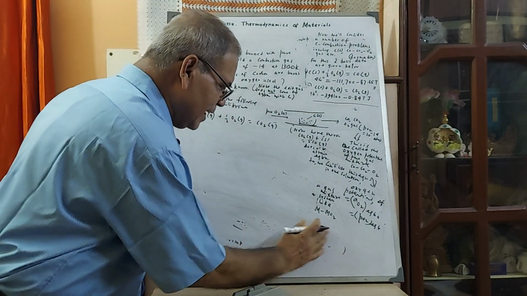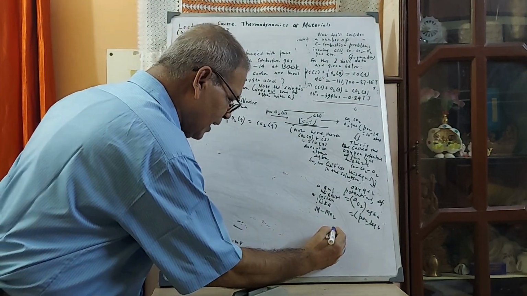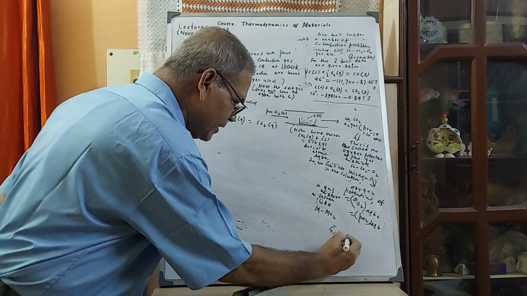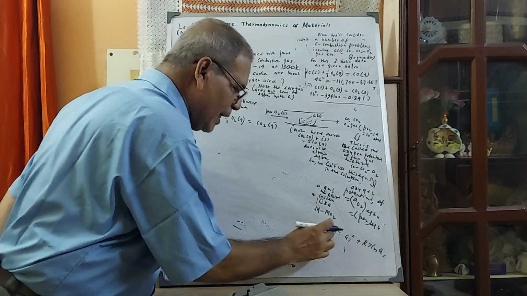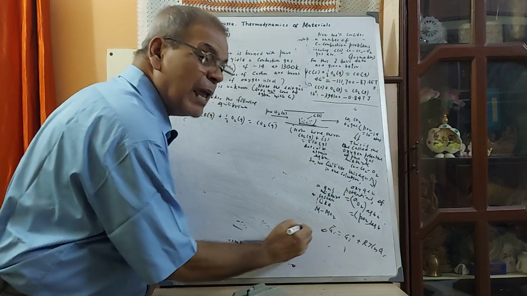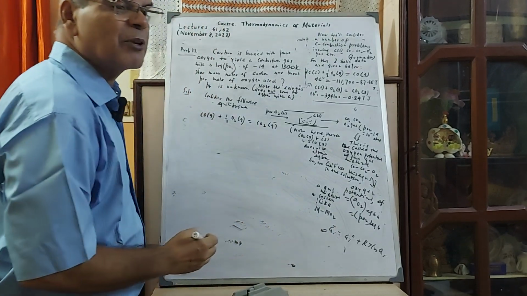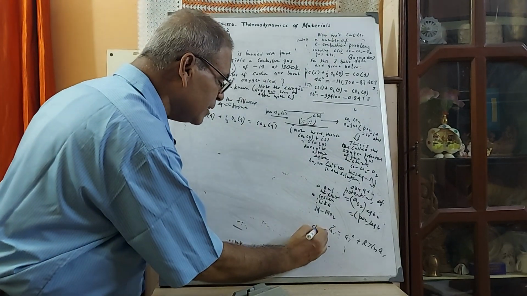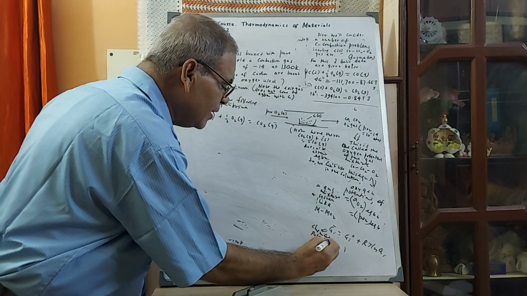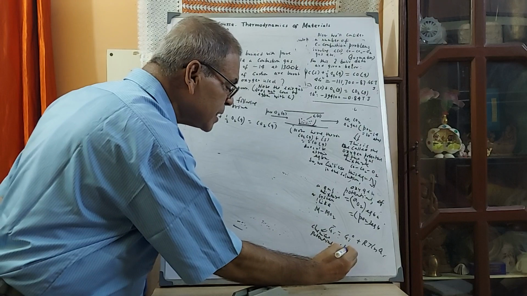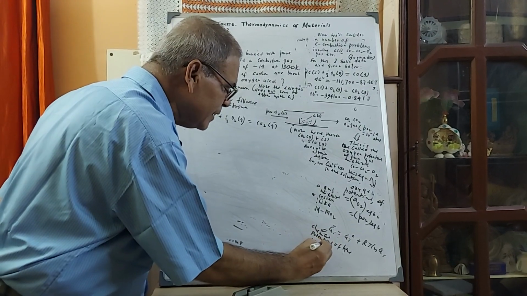G_i bar is G_i 0 plus RT ln a_i. I should not digress so much, but I just touch upon this. There is a little bit of difference. G_i bar is the partial molar free energy, the chemical potential of the species i. i may be oxygen here.